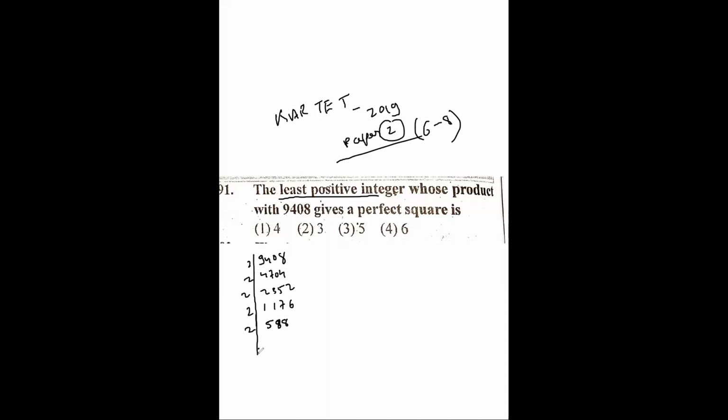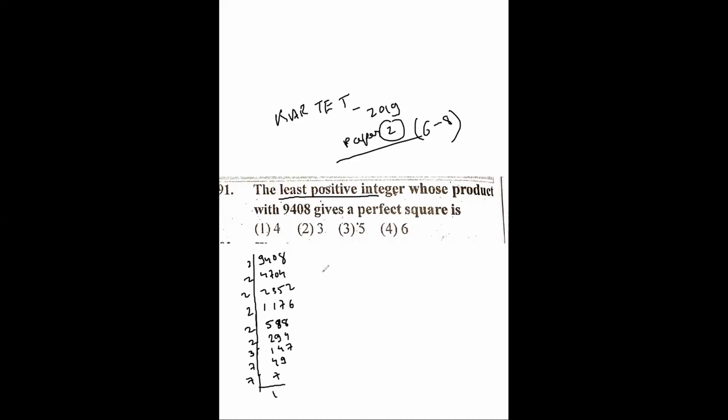Again, 588 divided by 2 is 294. When you divide it by 2 again, we get 147. And then 147 is a multiple of 3. So 3 into 49 will be 147, and 7 into 7 will be equal to 1.